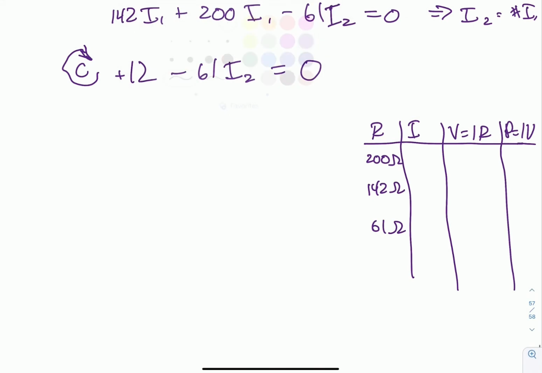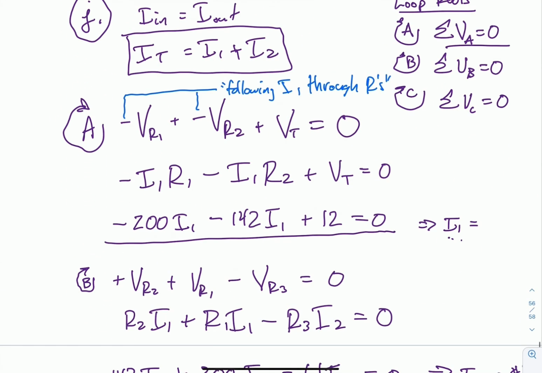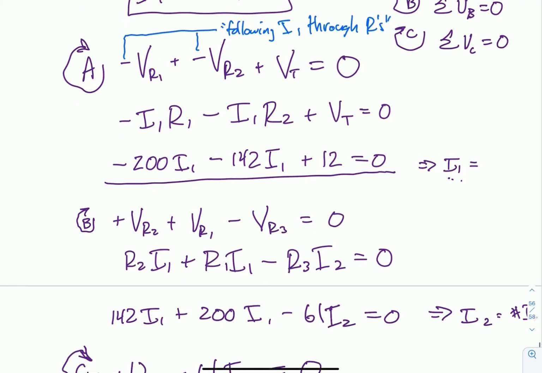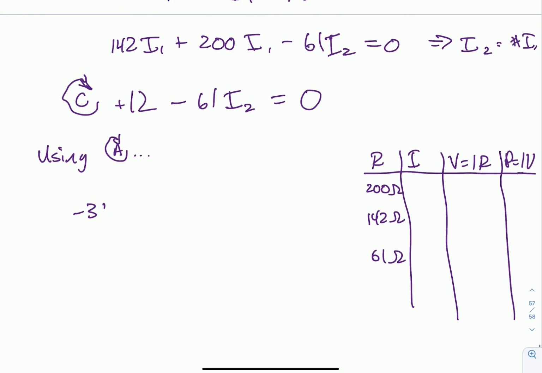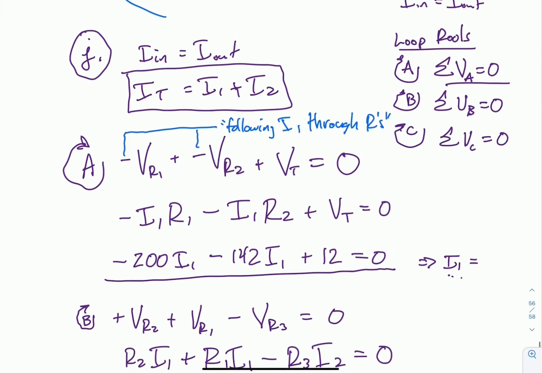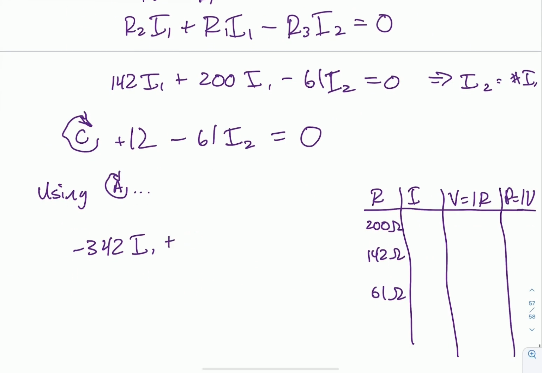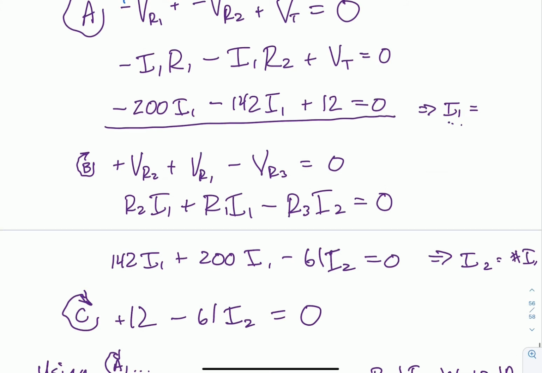So we'll say using loop A, we know that we'll have 200 and 142. We have to put those together, so we'll get 342, and it's negative. So we'll have negative 342 I1 plus 12 equals 0. And notice I'm just rewriting this equation, and I combined these two because they have the same variable.